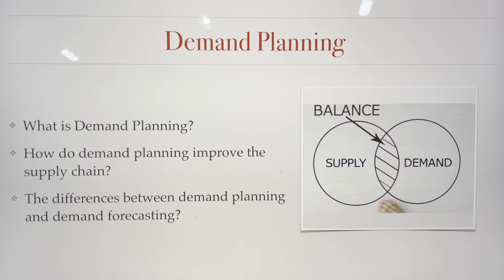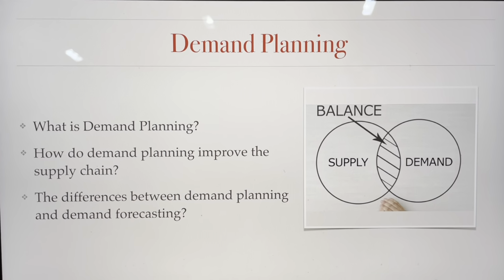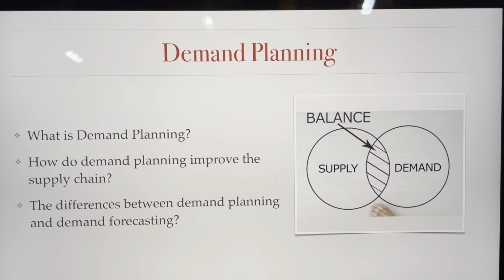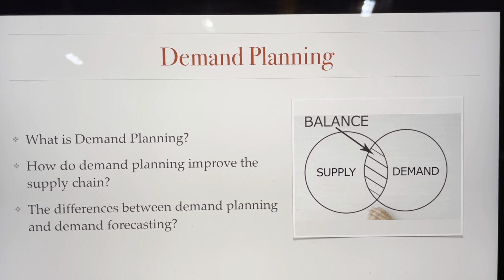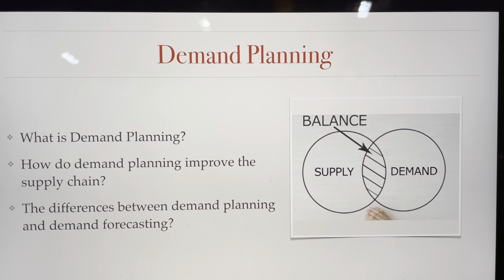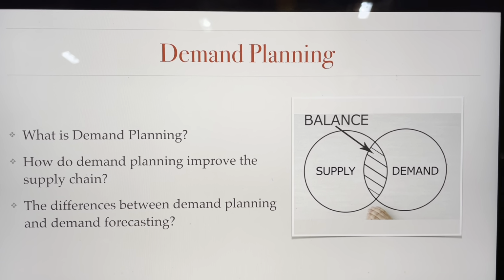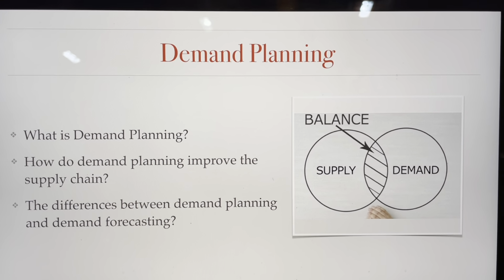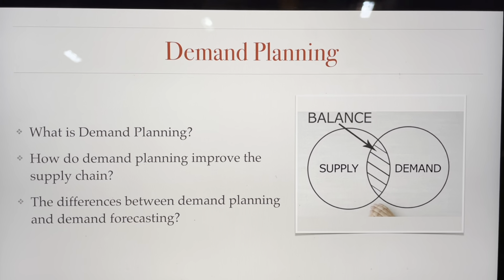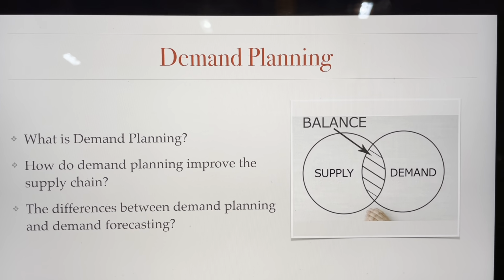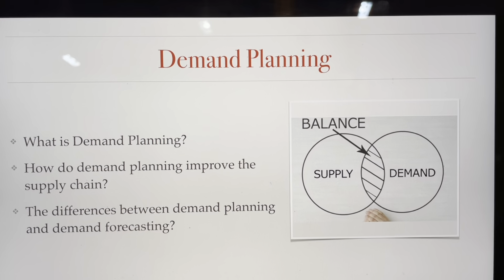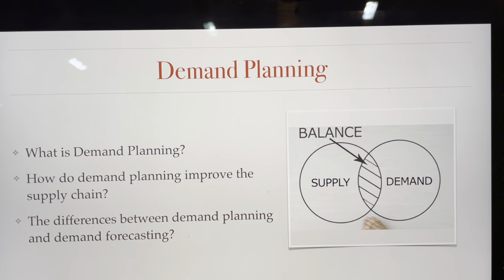For example, last year, Sony lost millions of dollars in missed revenue because of inaccurate demand planning while the PlayStation 5 was released. The reason this frustrating situation happened is because the manager put more emphasis on demand forecasting and failed to implement demand planning.